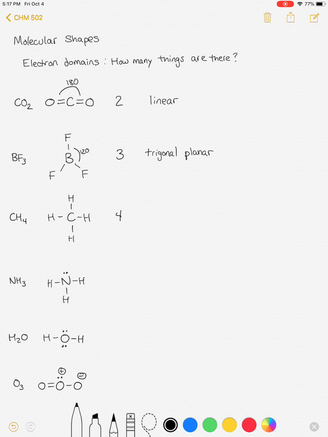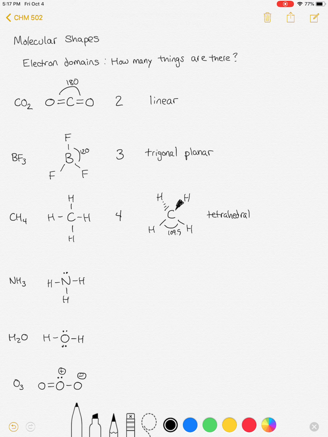It's better to think of methane as a carbon with 2 hydrogens in the same plane, and then 2 hydrogens in a different plane, coming in and out of the screen, which I'll draw with these dashed and wedged lines. When you do this, we can get the atoms 109.5 degrees away from each other. And this shape is called tetrahedral.